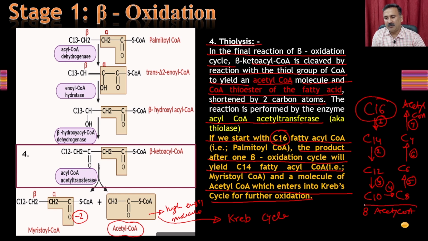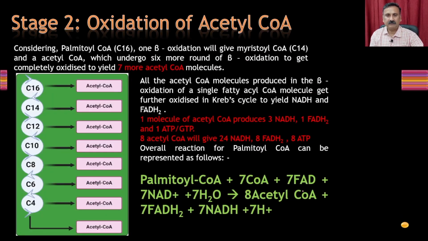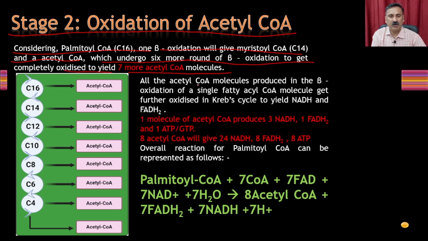This means all these 8 molecules of acetyl CoA then enter into the Krebs cycle. Then step 2 is the oxidation of the acetyl CoA. Considering that palmitoyl CoA generates acetyl CoA, which undergoes the 7th round of beta oxidation to get completely oxidized to produce 7 more acetyl CoA molecules.